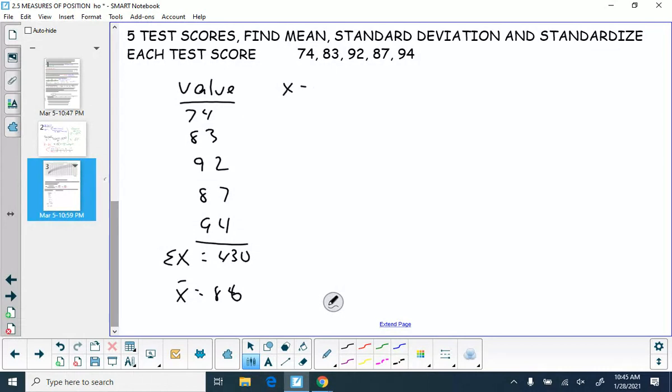Then we go x minus x bar squared. We're going to calculate our standard deviation. So we have 74 minus 86, then we square it.